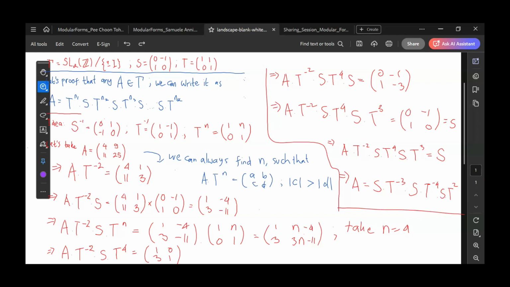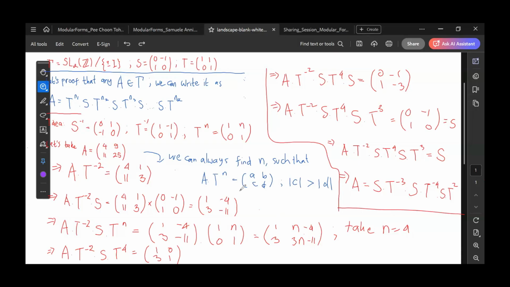This is just the idea. So in this case I used a specific value of A, right? But we can change the value of A into a generic a b c d. We can still use the same idea, right? I left that as an exercise. So this is just the idea on how to prove that gamma is generated by S and T over multiplication of matrices.